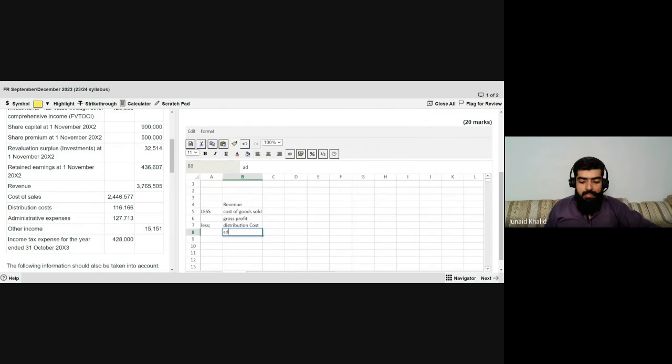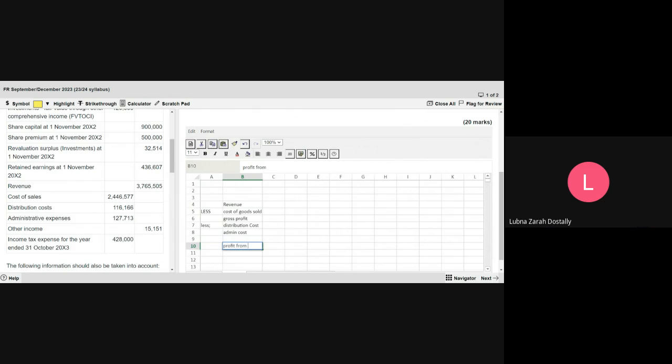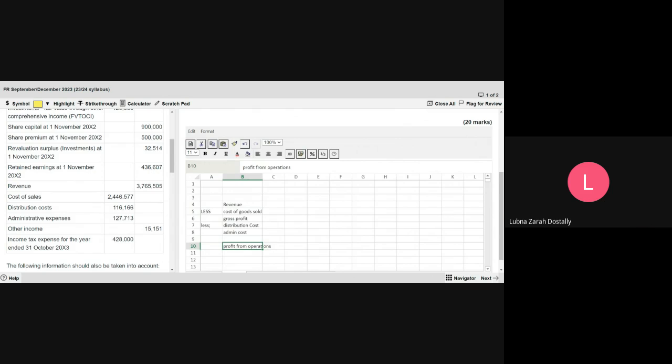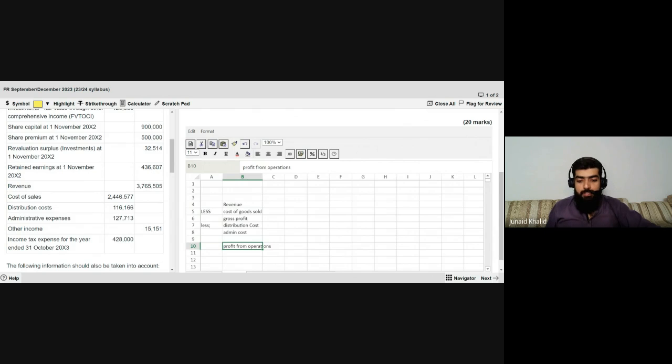There is another, that is the admin expenses or admin cost. Once we do it, there will be a result, and that result is known as profit from operations.